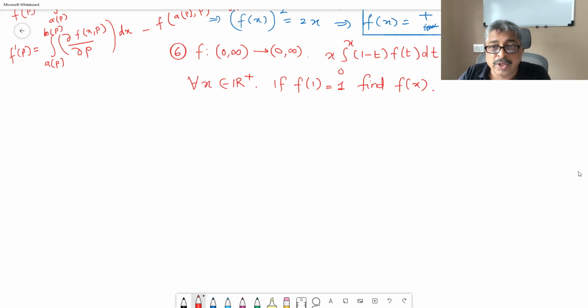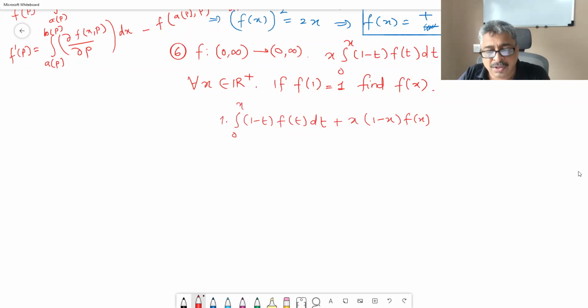Okay, so LHS: 1 into integral 0 to x, 1 minus t, f of t dt. u into derivative of v plus v into derivative of u. So x, what is the derivative of this function now? This function derivative is 1 minus x f of x because second term will survive. First term is 0, third term is 0, second term will survive.